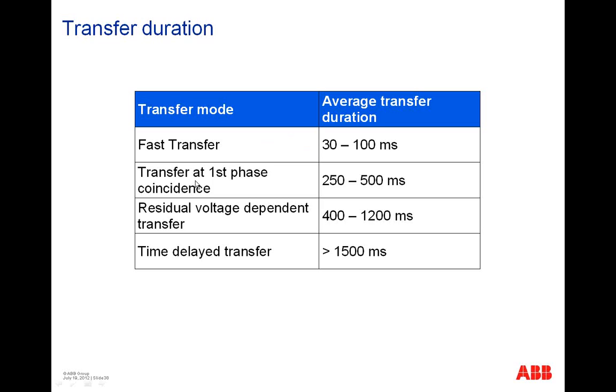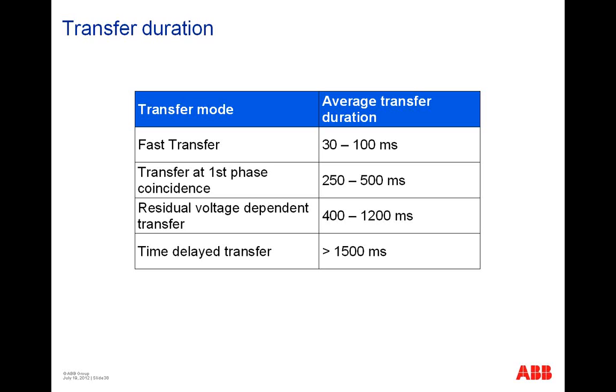Transfer at first phase coincidence depends a little bit on how fast this phase angle is rotating, how fast we get synchronous condition once more. This depends a little bit on the application of the motors. Are they pumps or fans or something else? It takes about 250 to 500 milliseconds depending on the motors and the application. But also after the first phase coincidence, meaning one cycle around, you have a very high voltage level on the bus bar.